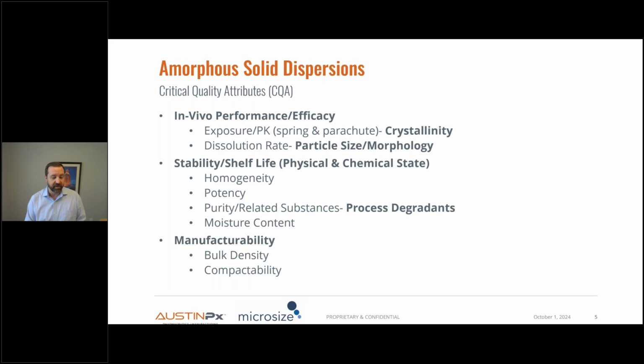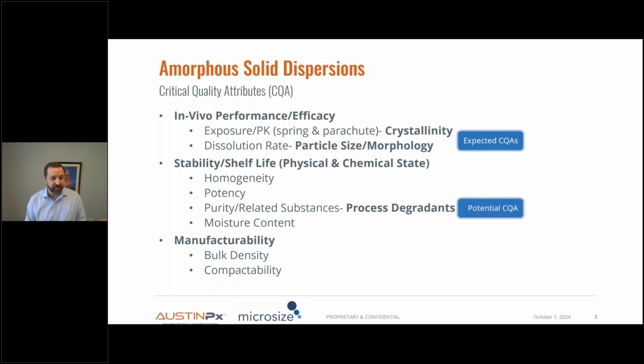There may be homogeneity issues or other potency concerns. These are all standard types of attributes that one would look at for any drug product. However, for an amorphous dispersion, the point is to control the polymorph, and this is what affects the pharmacokinetic exposure. And so this crystallinity parameter, or the lack of crystallinity, tends to be extremely relevant, but not just the crystallinity.